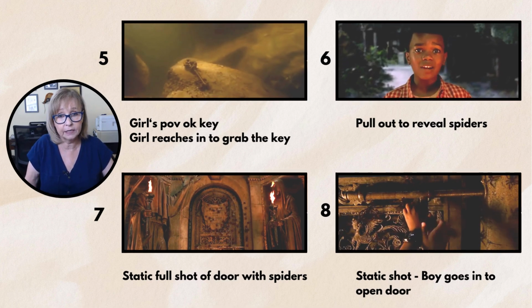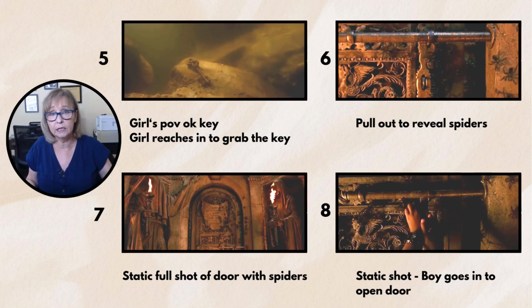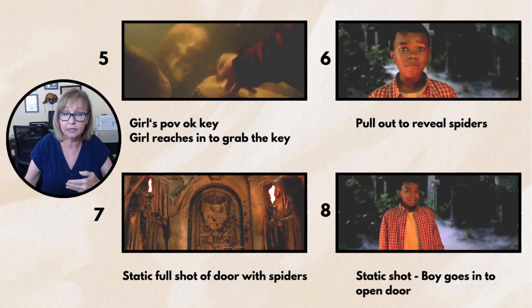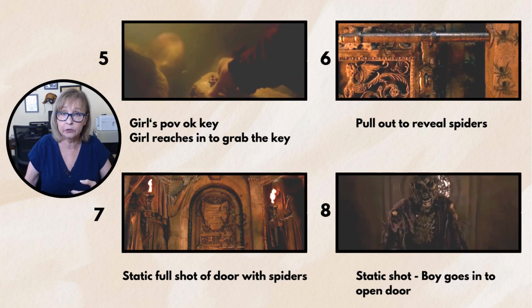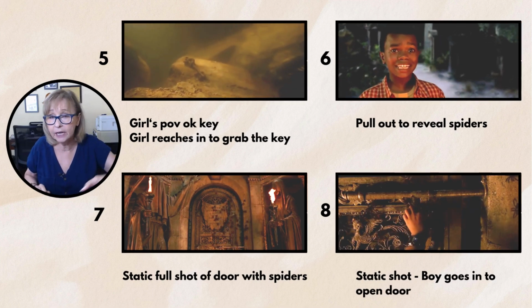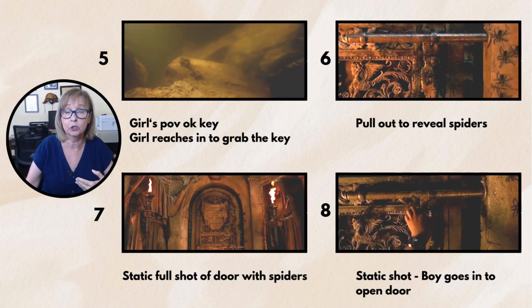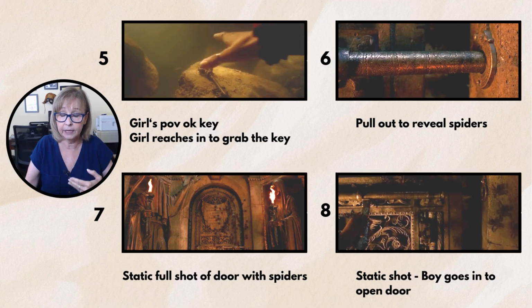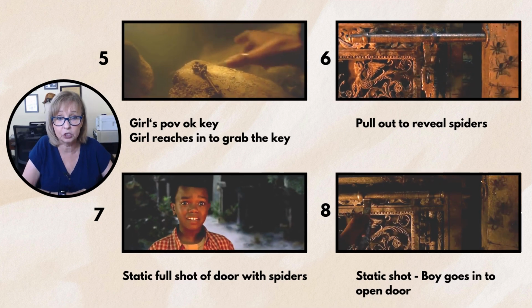If they start the shot and she goes in to grab the key right away, there isn't enough time there for a POV. So you have to remember to tell the director, okay, she came in really fast, there wasn't enough time there for her POV. So you've got to make sure that they leave enough time for that POV, because they use this shot for two shots.